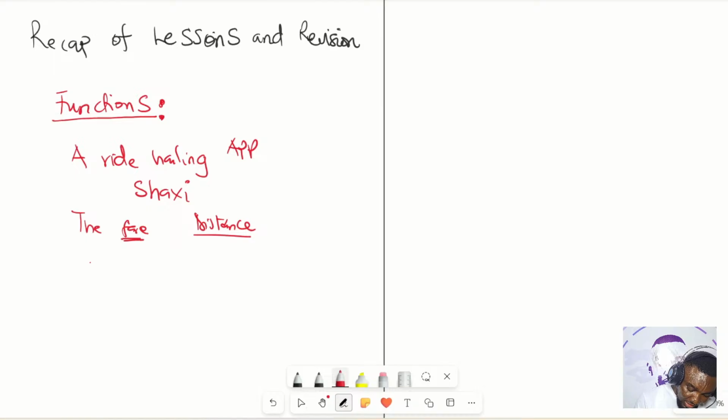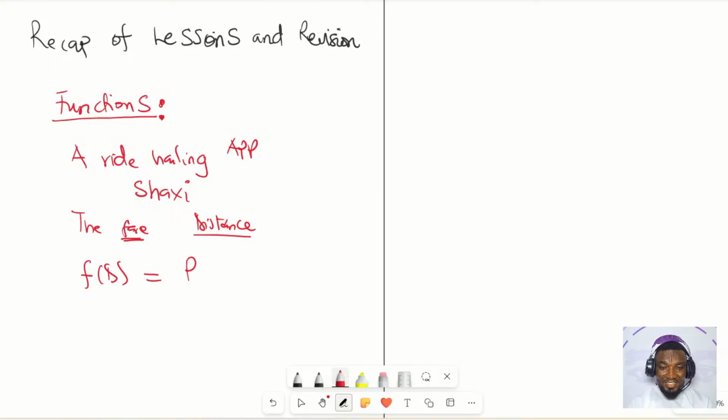So we can say that the function f of d is equal to p, where d represents the distance, f is the function, and p represents the price. Based on the distance, you are going to pay a particular price. So that is a typical practical illustration of our functions.